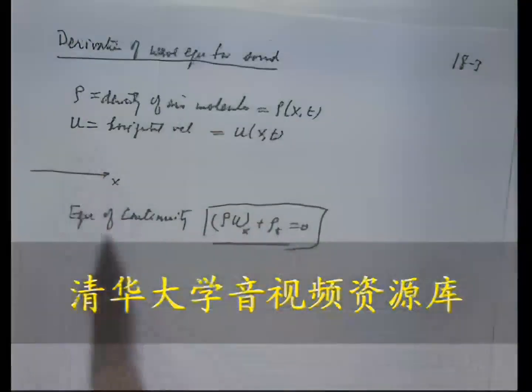This is the equation of continuity, or it is the conservation of mass. It's the equation of the conservation of mass, while Maxwell wrote down the equation for the conservation of charge. And because of that, he introduced what is called the displacement current.